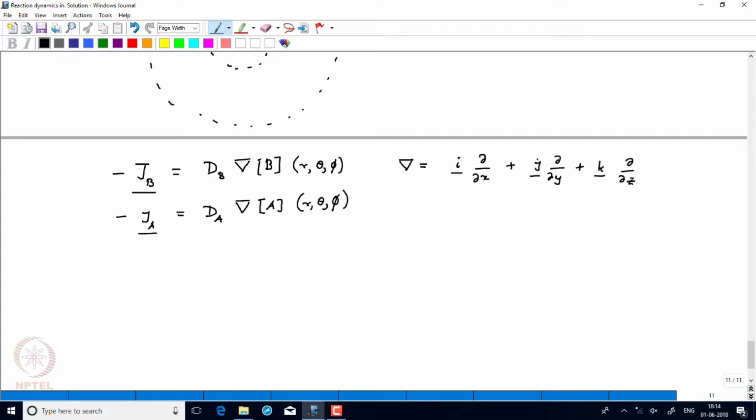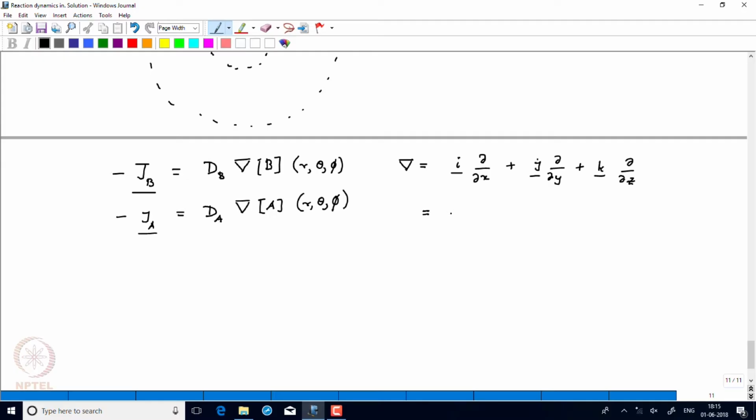But we are more interested in solving this problem in spherical polar coordinates, and in there the del takes the form like this. The unit vectors, we can choose any notation.